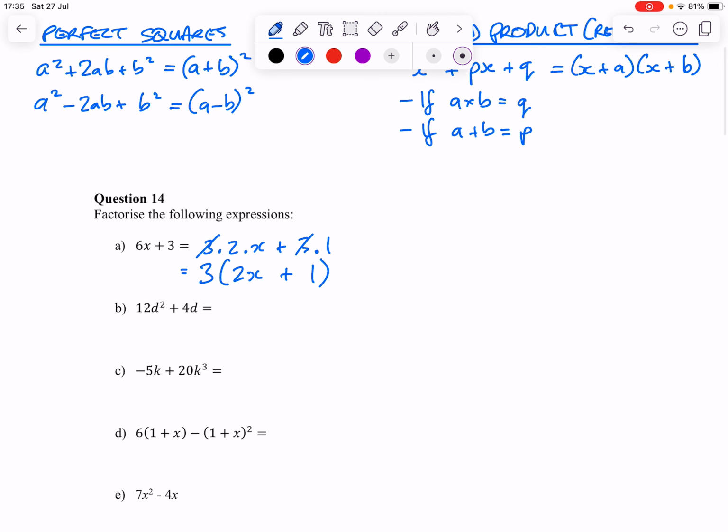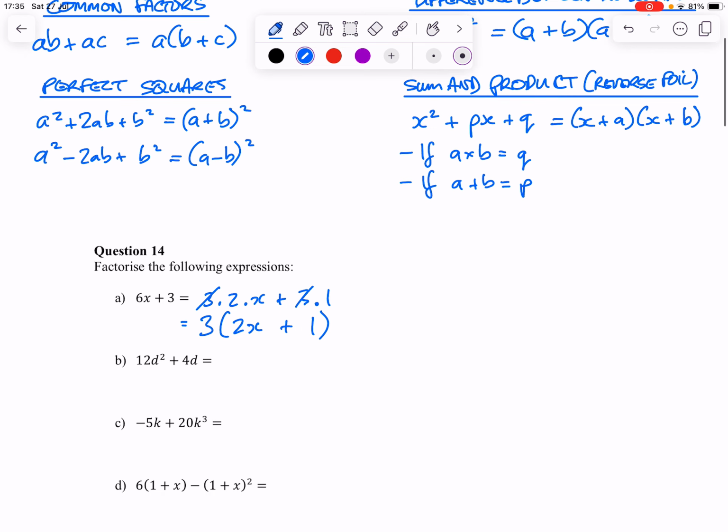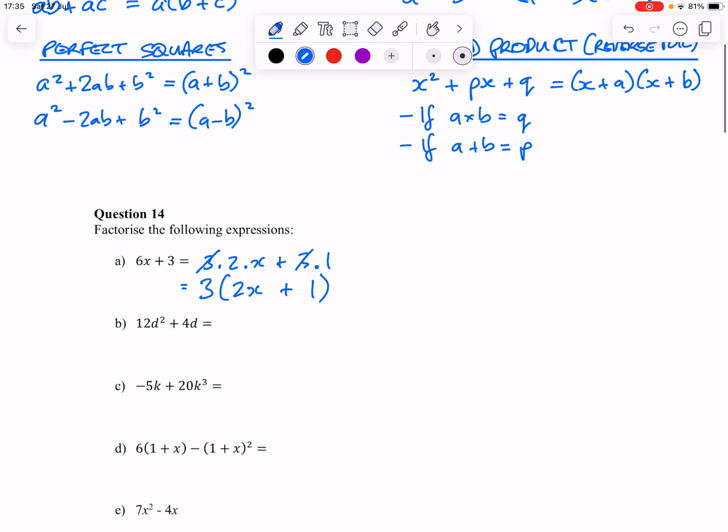Next one. You've got 2 terms. Difference between 2 squares isn't going to work because they're not both square numbers. So try common factors, always try that first. So the biggest common factor in this is going to be 4d. Why? Because 12 is 3 times by 4, and d squared is d times by d, plus 4 times by d.